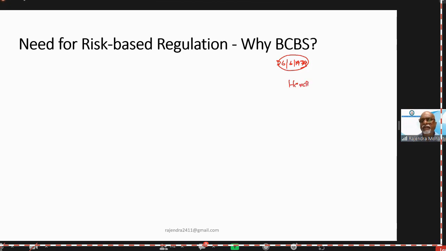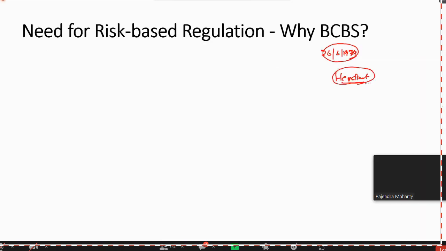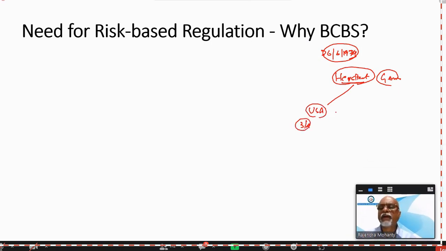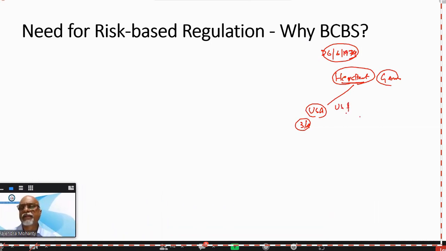Very briefly I will give the incident, because this story is narrated in the Macmillan book. You can read that. Herstatt Bank was a bank in Germany. They borrowed money from 3 or 4 banks in the USA in the call money market. They borrowed US dollars, millions of US dollars. The next day it was supposed to be paid back.